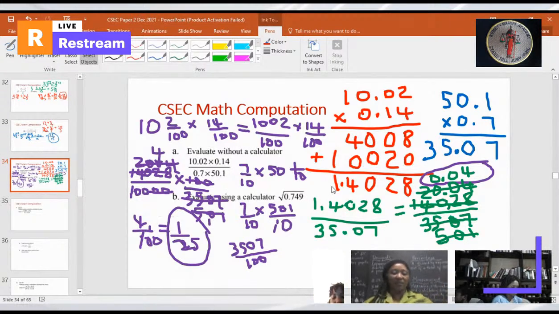Oh, we were supposed to find the square root of this number here. The square root of 0.749. I'm to find the square root.